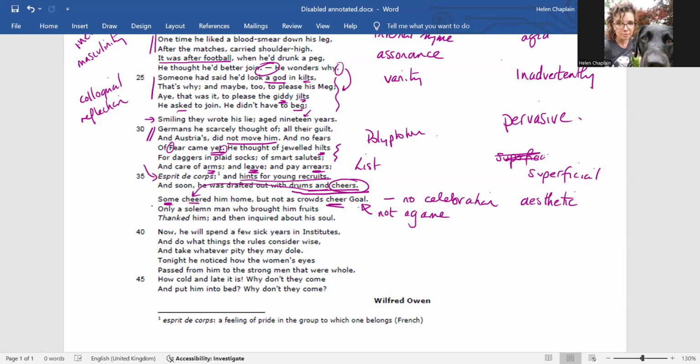Okay, and so this idea that it's very common to say thank you for your service, especially in America, to veterans. And this very serious man brought him some fruit and thanked him for what he'd done, and then inquired about his soul. So the idea is, well, what is happening to you at a more fundamental and more spiritual level now?